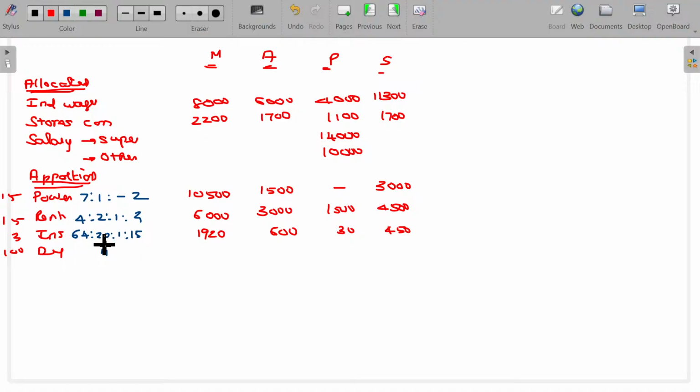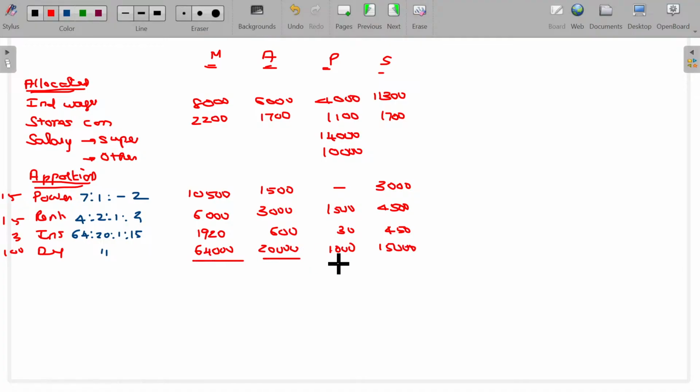In case of depreciation it should also be the same, matching, so directly 64,000, 20,000, 1,000 and finally 15,000.